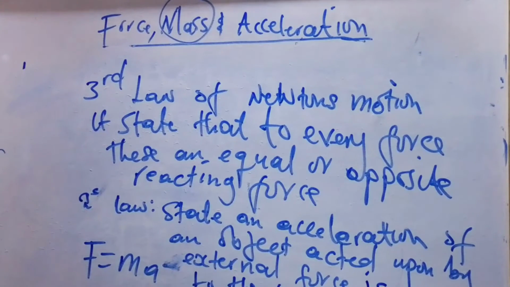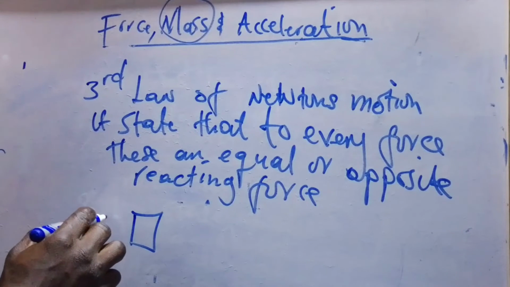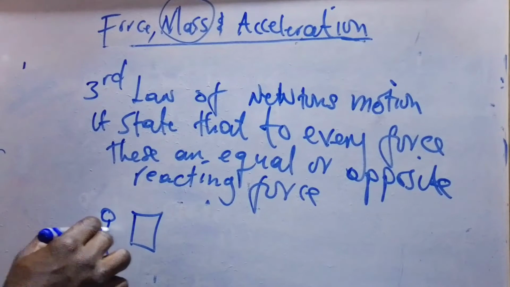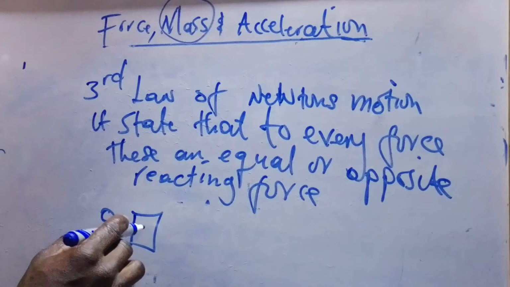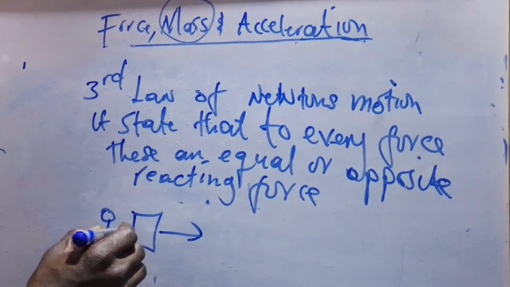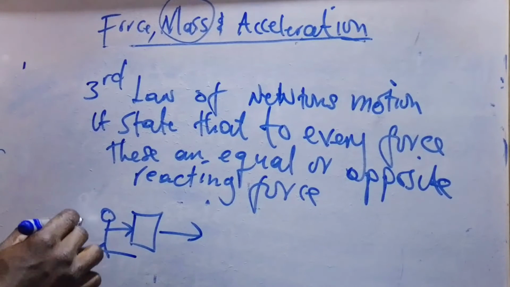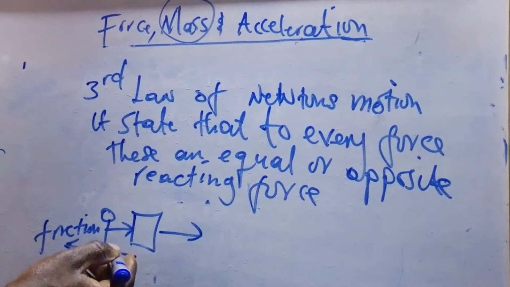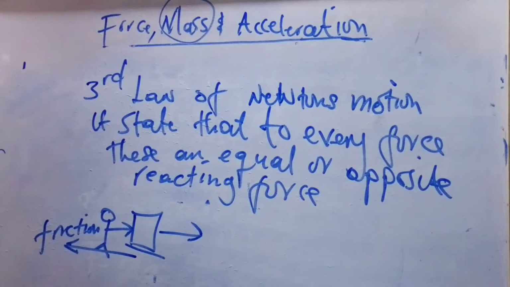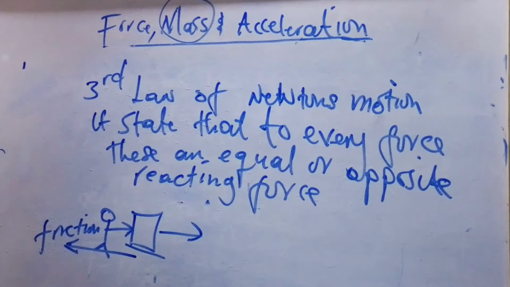Okay, so this law simply means that to every force, there is a person here pushing this object. When this person is pushing this object in this direction, that means there's a force also. There's a force of friction on this surface area, which is holding this object for it not to start moving. Okay.